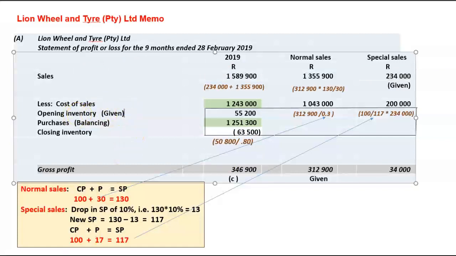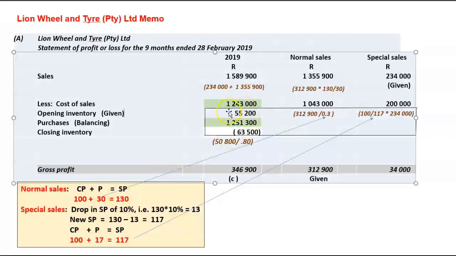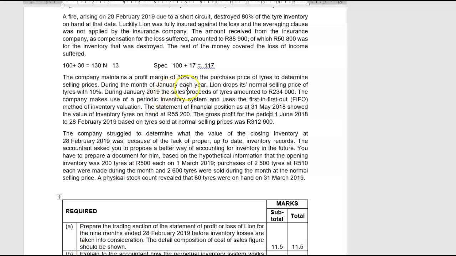They gave us opening inventory. They've told us that inventory tires on hand at the beginning of the year, 31 May, was 55,200 Rand. So I have opening inventory. I also have closing inventory, if you can remember correctly, because they've told us here 80% of the inventory was destroyed and I received 50,800 for that.